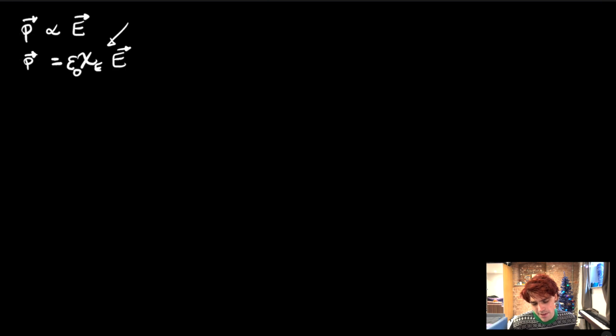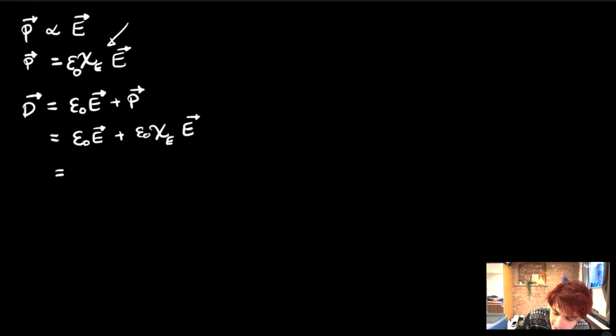So how are we going to reconcile this with all that we've done so far? Well, we have that D is equal to epsilon naught E plus P, generally within a material. However, P, we said, was proportional to the externally applied electric field. So we're going to get epsilon naught E plus, and instead of P, we're going to write epsilon naught times the susceptibility times E right here.